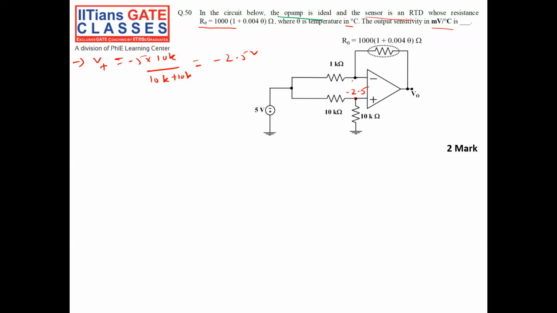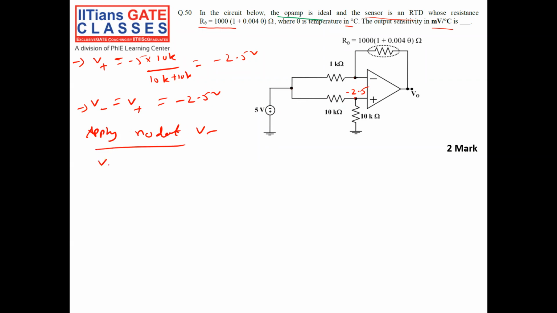So due to the virtual ground principle, if I apply a nodal equation here, P negative is equal to P positive is equal to minus 2.5 volt. Now apply a nodal equation at P negative.